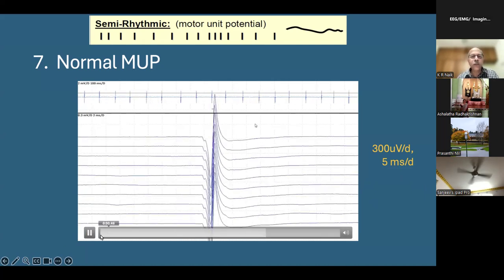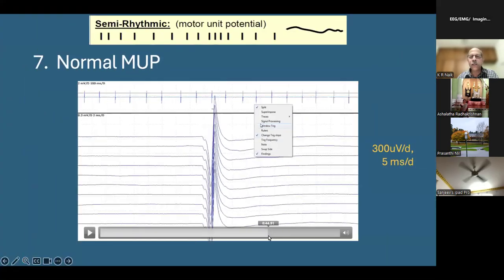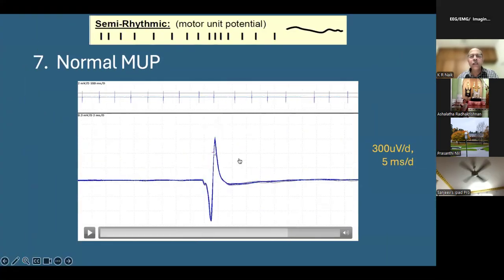This is what we call a cascade display, to demonstrate that it is the same type of discharge without any change. And this is to show the superimposition and to say that there is no variability in the motor unit potential. This part is recorded at 2 milliseconds per division.